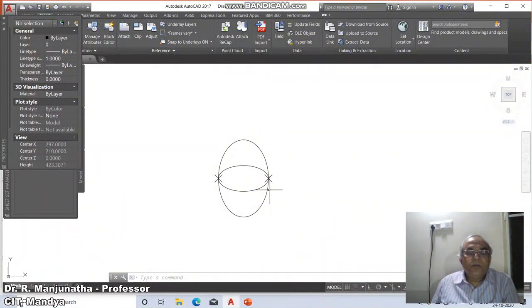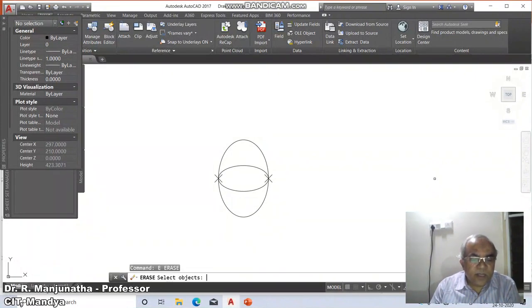This is how you are able to draw the ellipse. Here the minor axis becomes this one, and the major axis becomes this one, because 75 from the center means the total distance becomes 150. So in the y direction, it is bigger than the horizontal direction. That is the reason why it is considered an ellipse in the vertical direction.